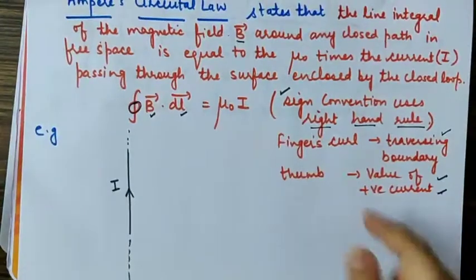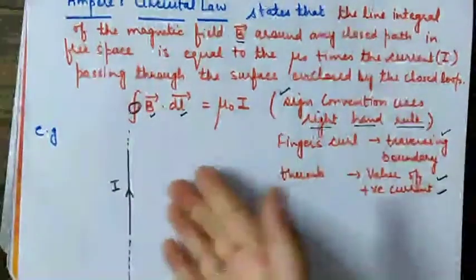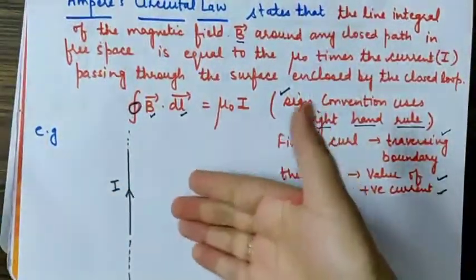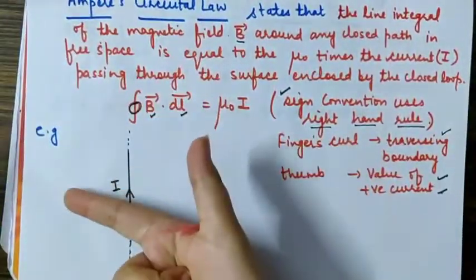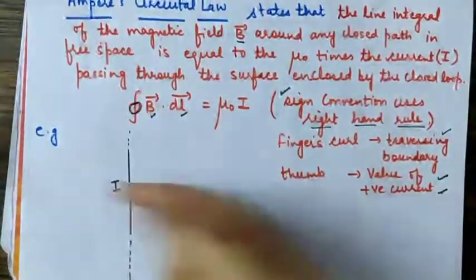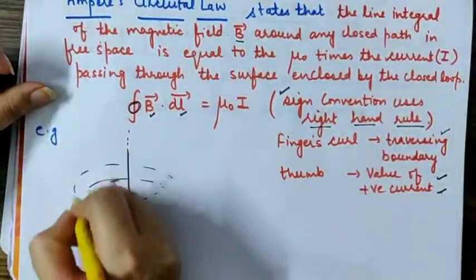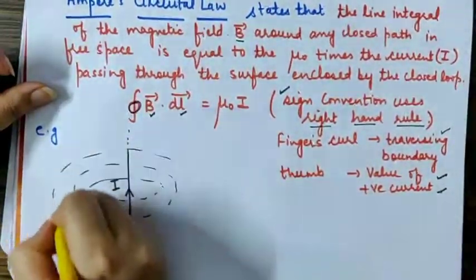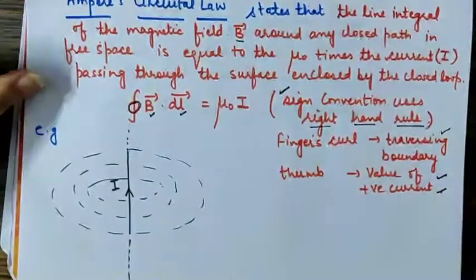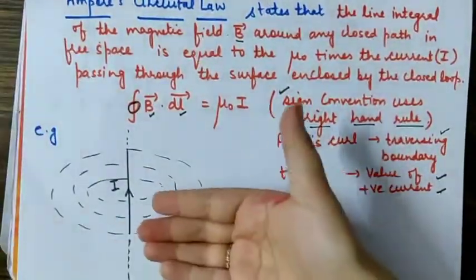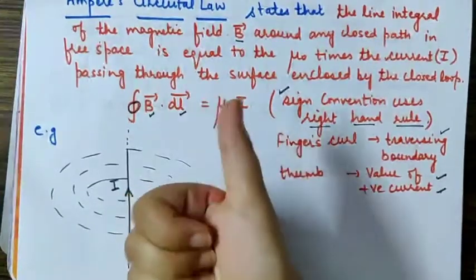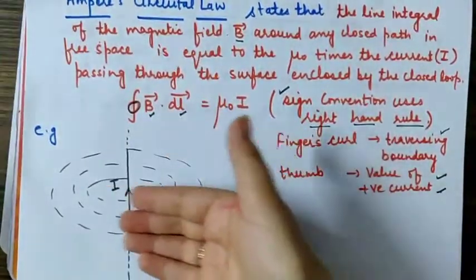So the magnetic field is coming out from here and going in from here, meaning the magnetic field will form small concentric circles around this wire.